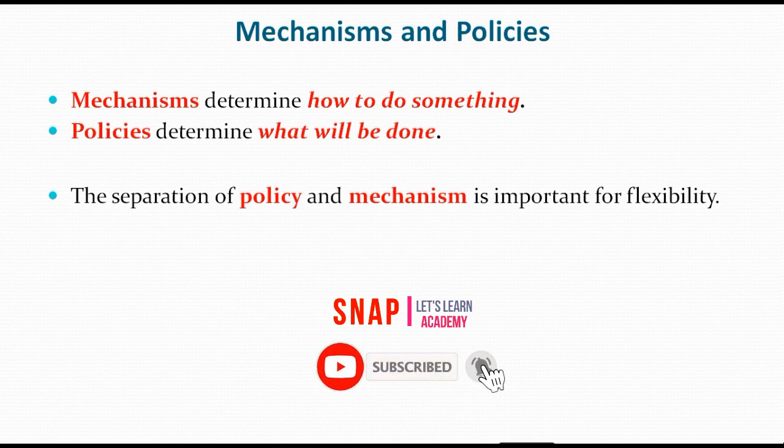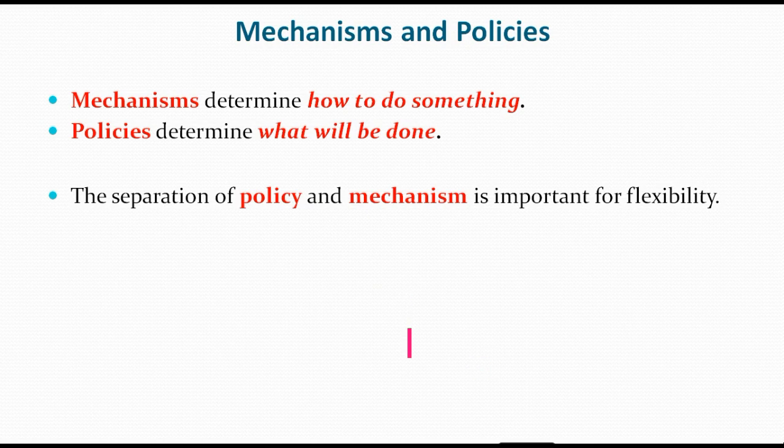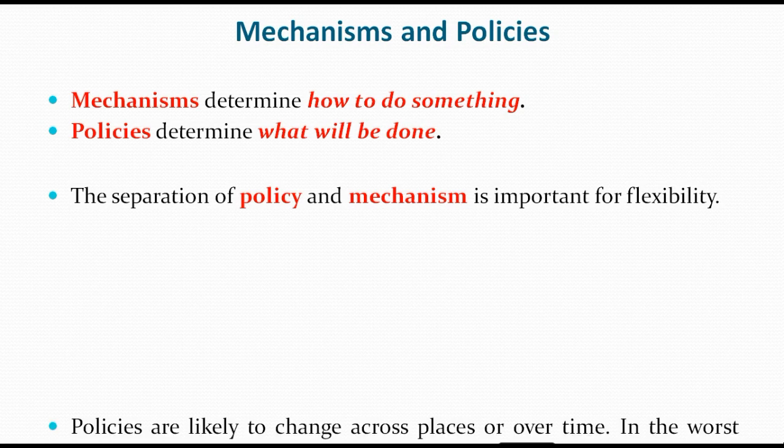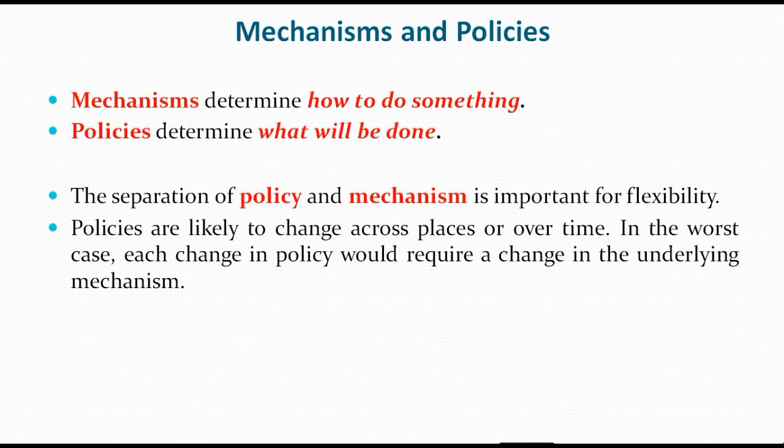The separation of policy and mechanism is important for flexibility. Why is it? Policies are likely to change across places and over time. In the worst case, each change in policy would require a change in the underlying mechanism.